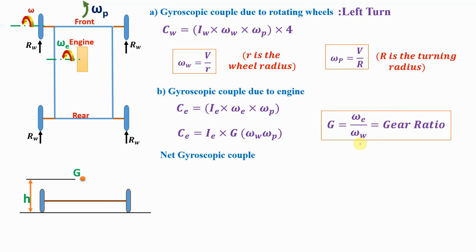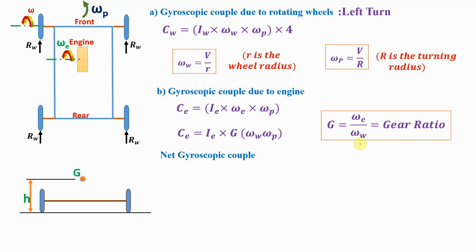Now if we assume that the wheels and the engine rotate in parallel planes and in the same direction, we can add these two couples to find out the net gyroscopic torque. What I said, we are assuming that the engine and the wheels are rotating in parallel planes.